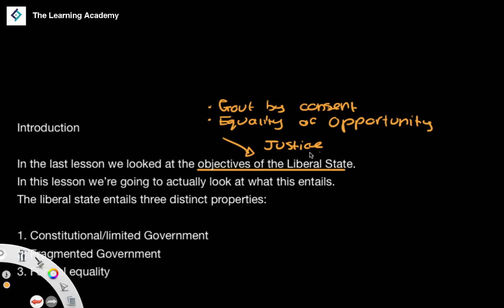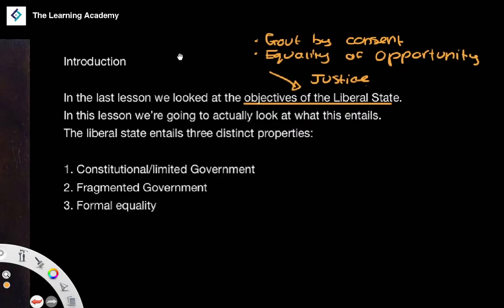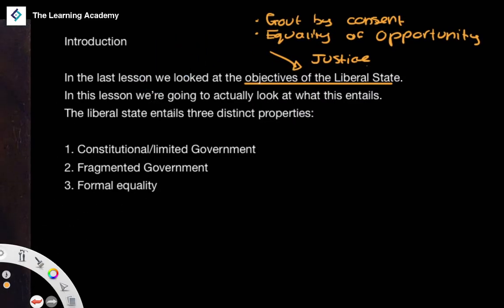Well, how do these objectives actually apply to the practical policy of creating a state? When we look at this, we will find that the liberal state entails three distinct properties. There are generally three properties that are associated with the state under a liberal regime. The first one is constitutional or limited styles of government.